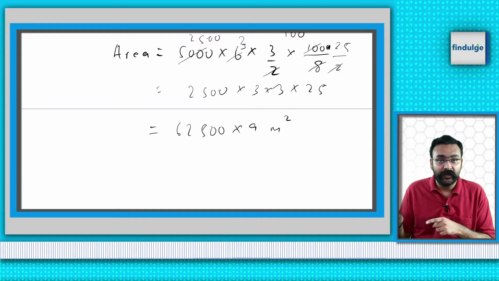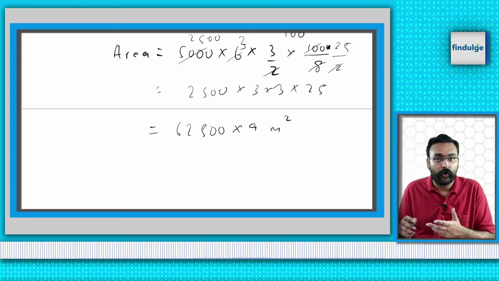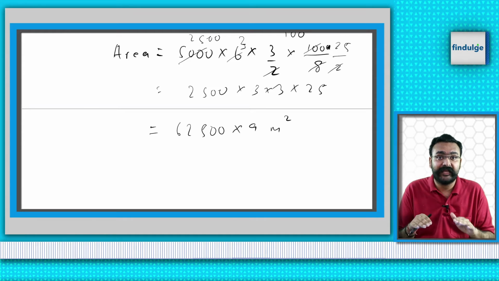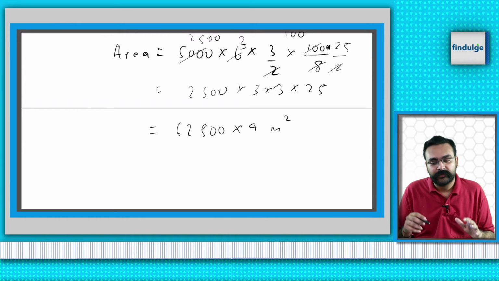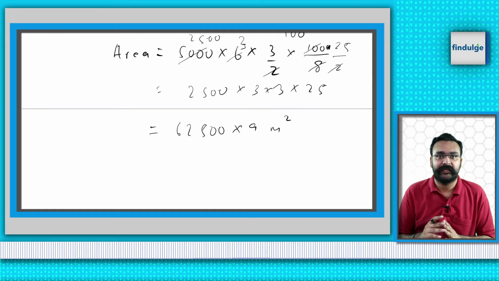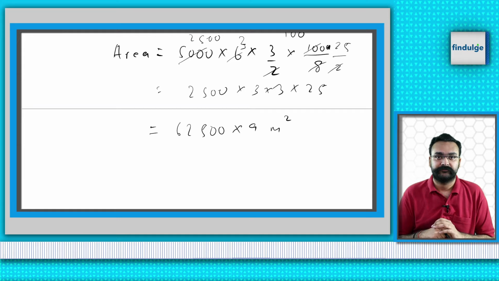For the area or the other volume, either you will be given something like a tank or some container whose volume you can calculate using normal formulas, or specifically for the irrigation question, it is base area multiplied by height. So if you've not been given a figure, then you will simply be asked to find the area. So in this way, you deal with flow questions.